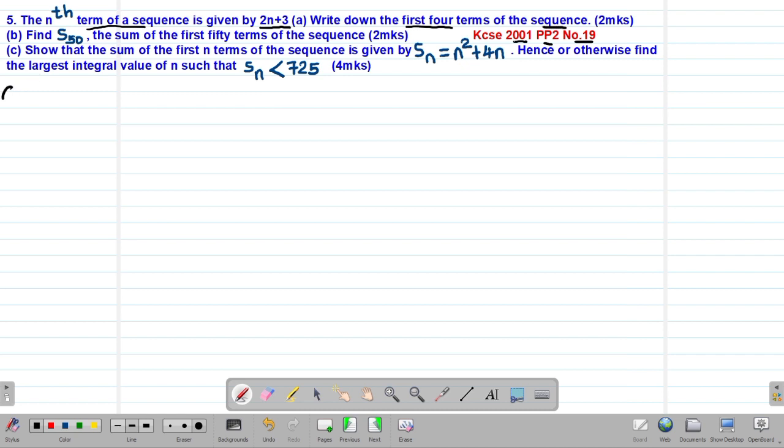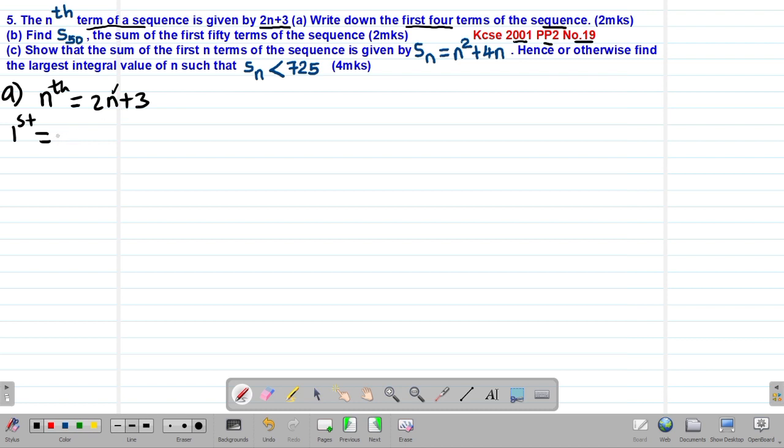In part A of the question, we are told that the nth term is given by the equation 2n plus 3. Then they want us to write the first four terms of this particular sequence. Therefore, the first term will be equivalent to, remember, if you are given the nth term as 2n plus 3, it simply means that n represents the number of terms.